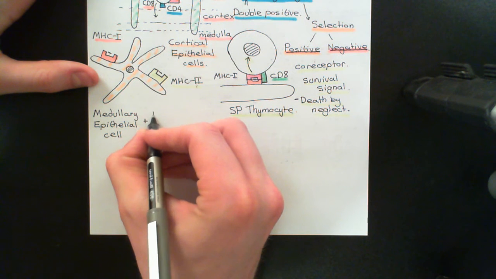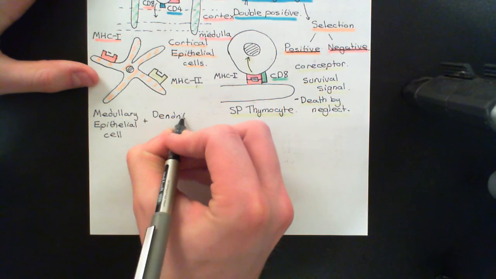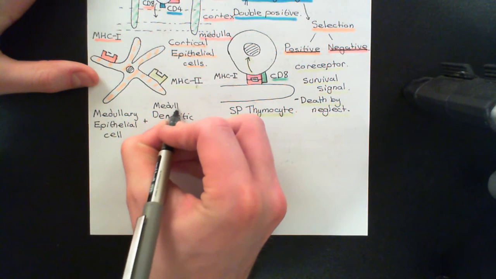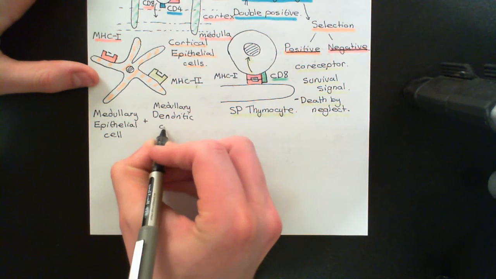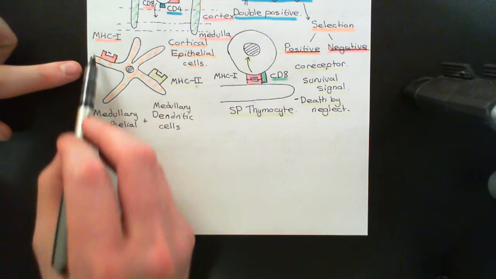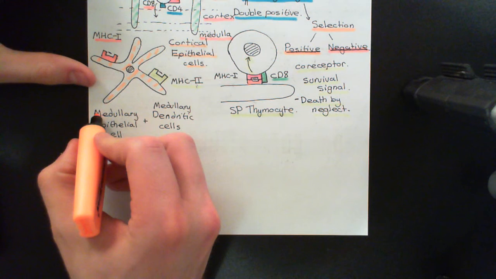So the medullary epithelial cells, and we're also going to have medullary dendritic cells. Okay, so the picture of these will be pretty much identical to this. In fact, I wouldn't change the picture at all, so I won't redraw it.